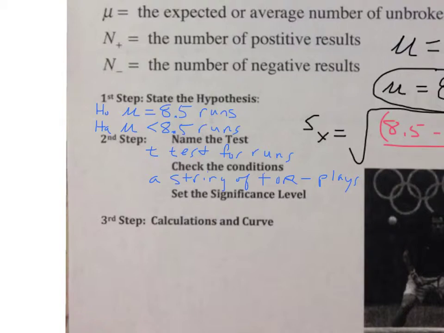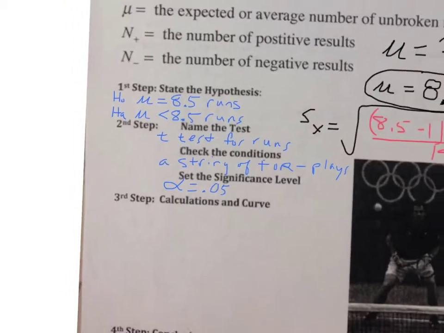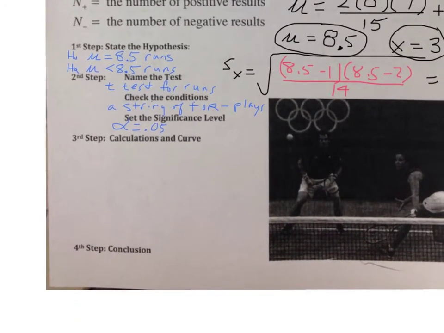You don't need more than 30 plays in a row. Obviously, if you have more plays, it's maybe more interesting because you can say more than just one particular game, you can analyze an entire season or an entire career. But you just have to have a string of positive or negative plays. The significance level, that's up for you to decide. We can go with 5%. The calculations in the curve, still the same, still called the same thing.